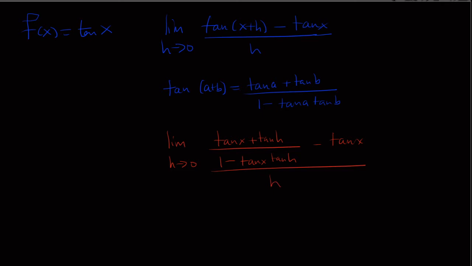In the top here, we have a fraction minus tangent of x. My goal here is to get it under one common denominator. So I'm going to multiply tangent of x with 1 minus tangent x tangent h. Now I'm going to rewrite this.